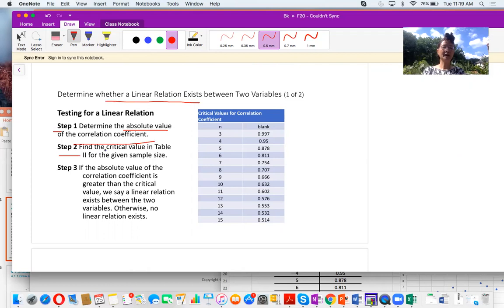Step 2, find the critical value in this table. So this table has 2 columns. The first column is the sample size n. The second column is the critical value.